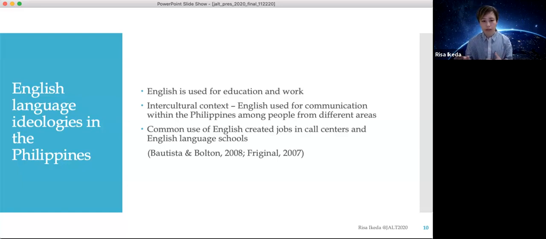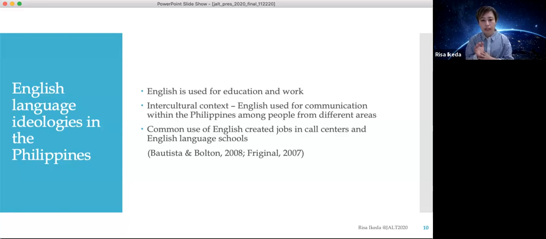This is different from Japan, as I'll point out. They have a very intercultural context compared to Japan, in that English is used for communication within the Philippines among people from different areas, because people locally speak different languages. So they need English as their national language and to communicate with each other. So it's used for a more realistic purpose in that context.